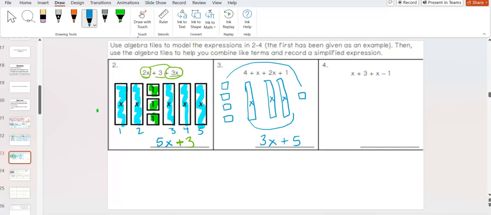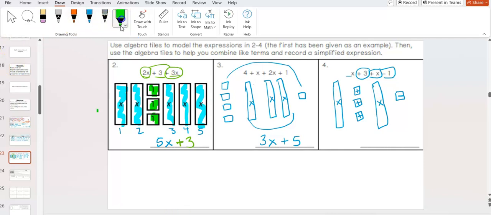Okay, this next one is a little bit trickier because I have to pay attention to my signs. Remember, you always include the sign in front of the number if there is one. So that's a positive x because there's nothing there. These are 3 positive units. Then I've got another x, positive, and then a single negative unit.